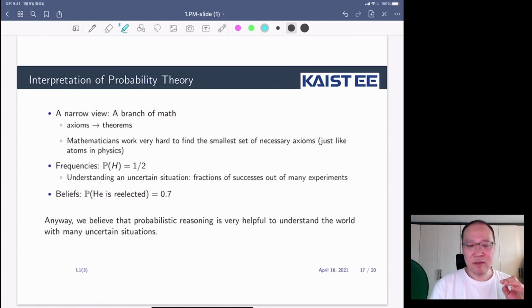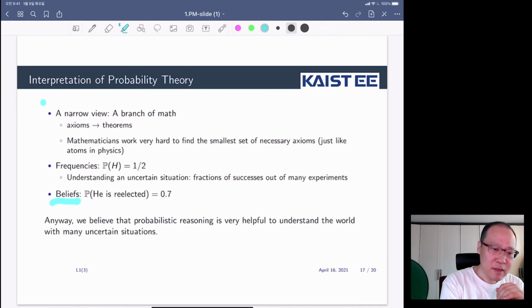In this case, if somebody says, what I'm thinking is that the probability he's re-elected is like 0.7, that is a belief. A belief is not something right or wrong, it's just a subjective belief. That can come from some expert, or from your experience. So in this case, probability can be thought of as a kind of subjective belief.